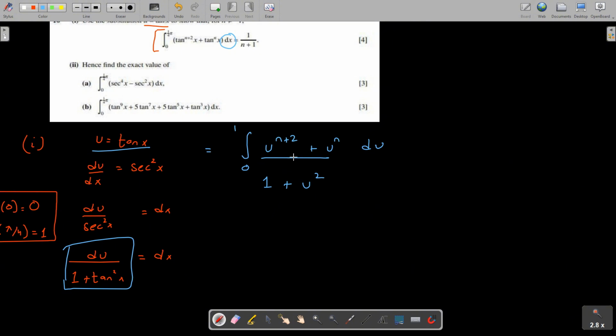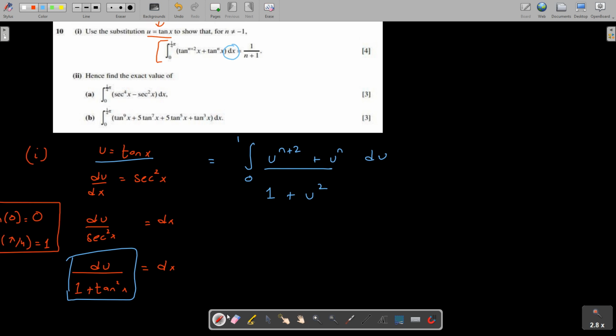It still looks a bit tricky, right? But there's a catch to this. The reason it looks tricky is because of n. You usually don't encounter such an integral. But there's one thing that we know, and that's indices, which we learned in IGCSE or O level. We can perhaps split this and take something as common, which is exactly what we're going to do: u power n multiplied by u squared plus u power n divided by 1 plus u squared.